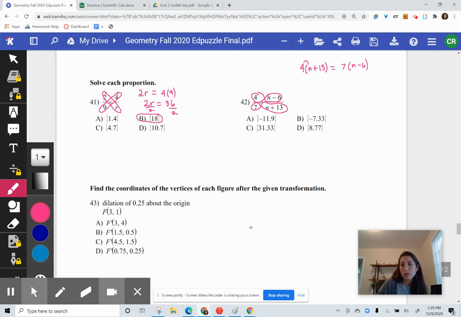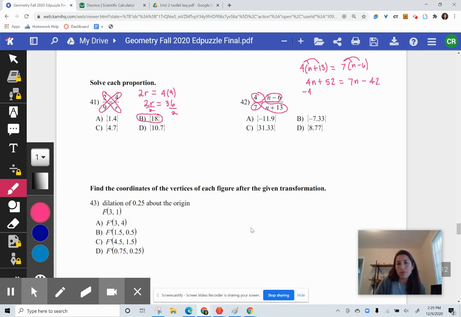Then we're just going to distribute to go ahead and solve for that. So it's going to be 4n plus, and we've got 4 times 13. It's going to be 52. And then our other side, we're going to distribute 7 to n, 7 to negative 6. That's going to be 7n minus 42.